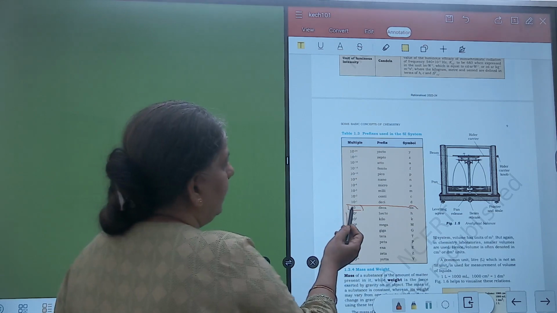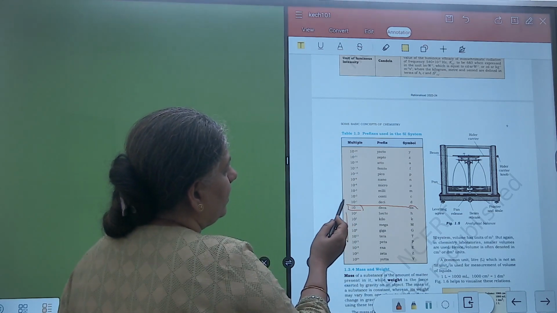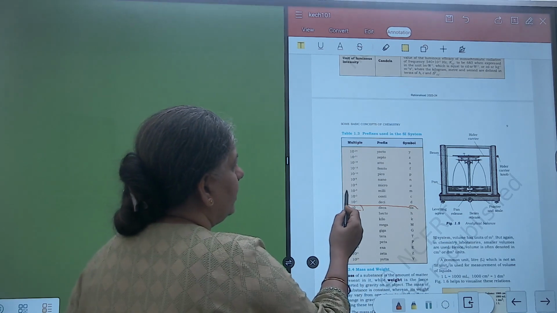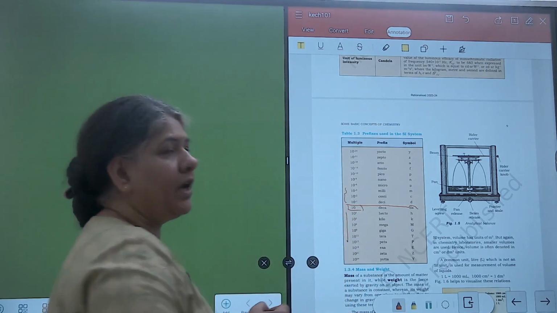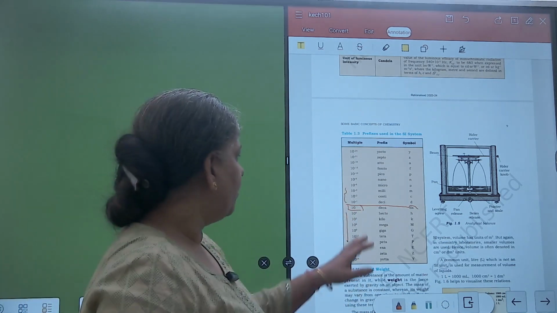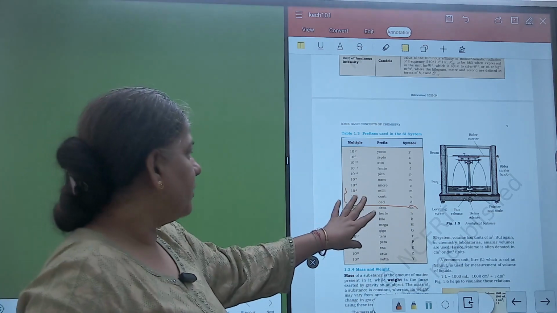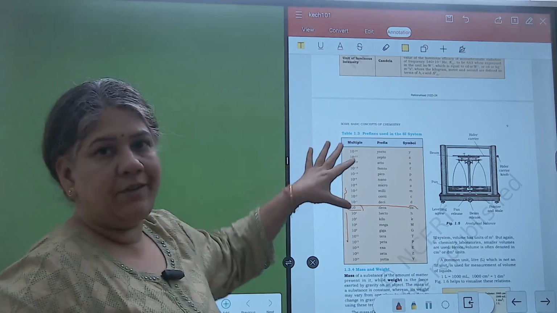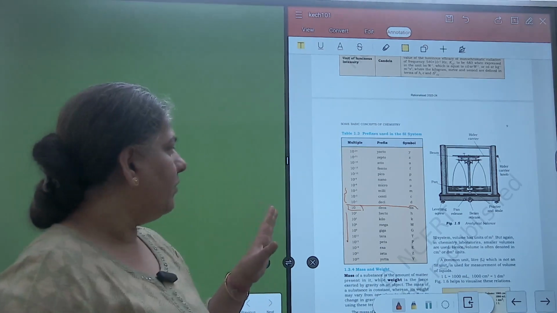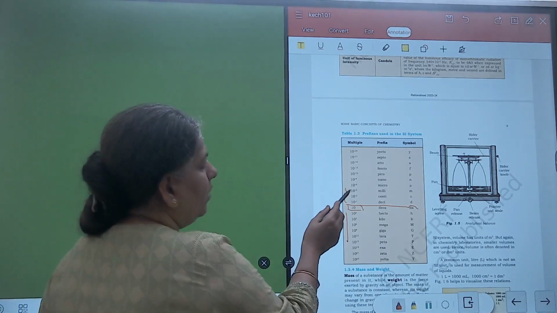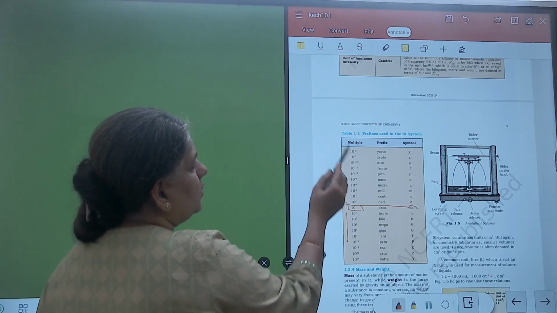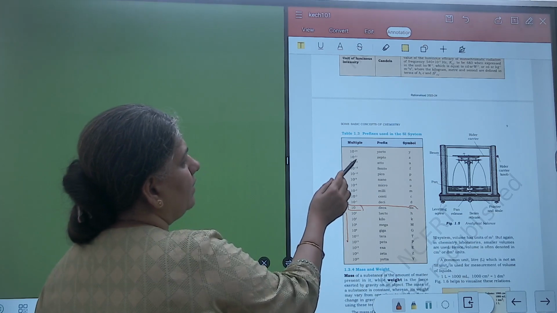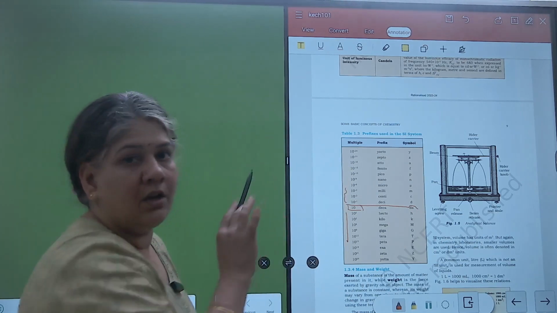Here after deca comes deci, centi, milli. These are a few of the units that we have already used so much in maths. But the rest of the units are not that frequently used, and the easy way to remember them is that all are multiples of 3. 3 2 is 6, 3 3 is 9, 3 4 is 12, 3 5 is 15, 3 6 is 18, 3 7 is 21, 3 8 is 24.